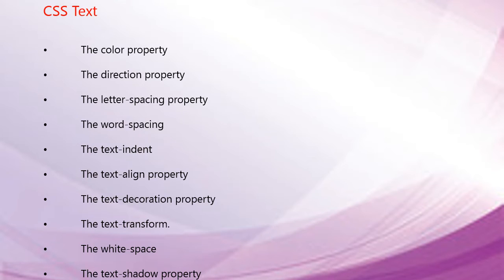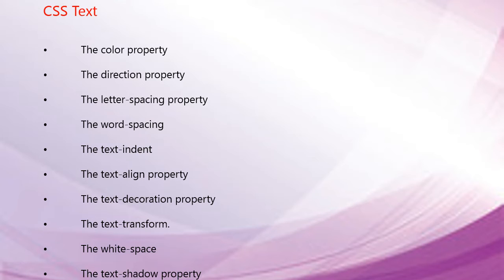Now consider CSS text. You can set the following text properties for the element. For example, the color property is used to set the color of the text. Direction property is used for setting the text direction. Letter spacing property is used to add or subtract space between the letters that make up a word.